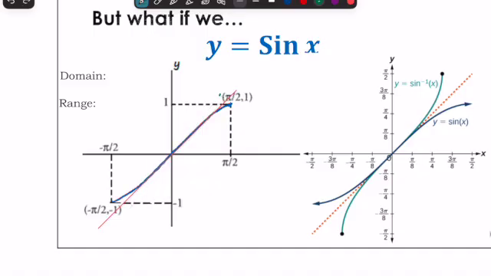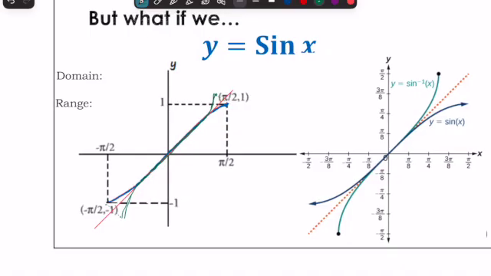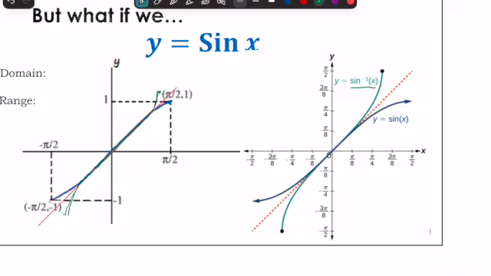No, that was not supposed to go straight like that. And we get this, and it kind of follows that, and it goes up. So that's our inverse sine. So it looks like that. The other thing you might see, y equals sine inverse of x.